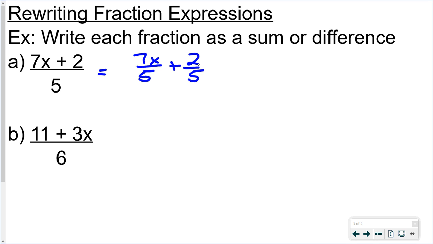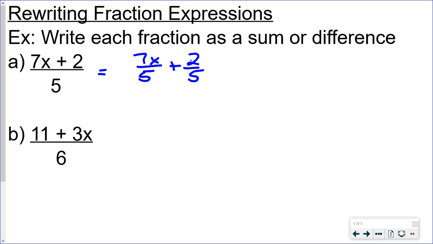Just think about it. If I was to add these together, they've got a common denominator, so you would keep the denominator, and then you would just add the numerators together, and 7x plus 2 is 7x plus 2. So these two expressions are equivalent. And later on in algebra, you'll find out why this is sometimes necessary to do.